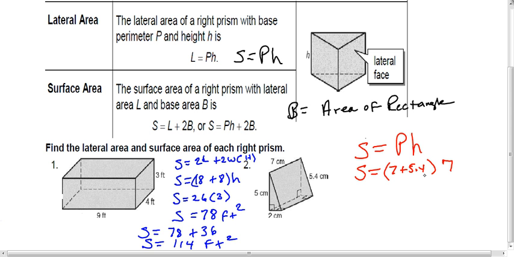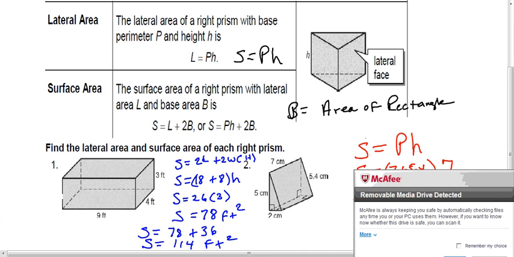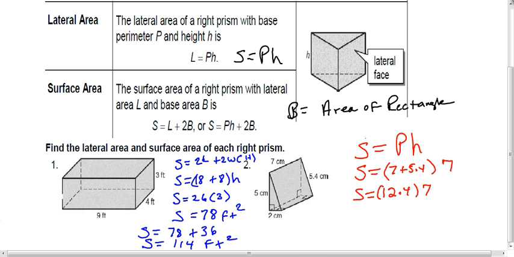Okay, so I see S is 12.4, and again that's multiplied times 7. So let's take a look at this math. 12.4 times 7. 7 times 4 is 28.